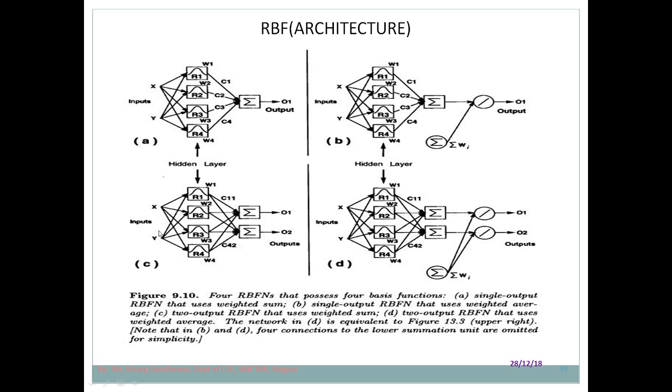Again, two inputs, two outputs, and a hidden layer. Whatever output is produced by the hidden layer, you take the weighted sum. Similarly, in the fourth diagram we have a two output RBN, but with the weighted average. These two diagrams represent the weighted sum, and these two represent the weighted average. So these are the different architectures of RBN.